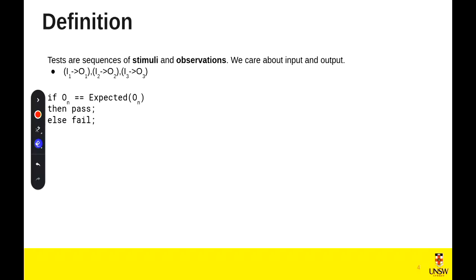A test oracle normally looks like the assertion we have learned just now. We need to care about the expected value or the expected output, and normally this is considered as the test oracle.